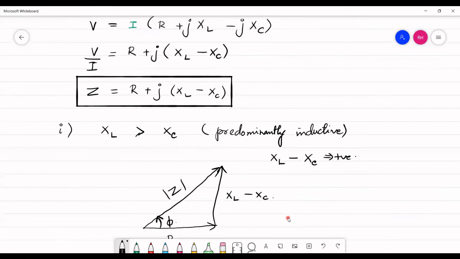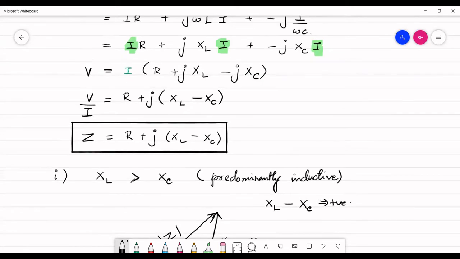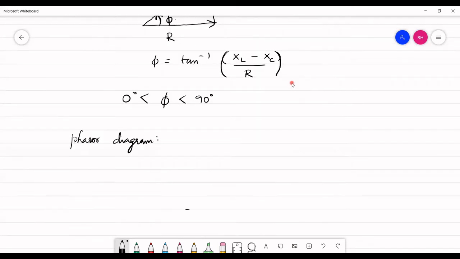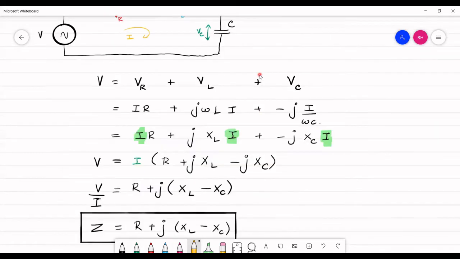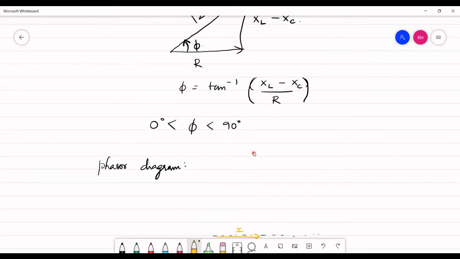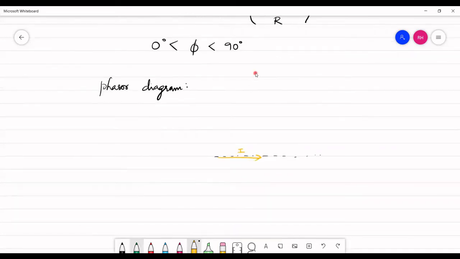And here for this predominantly inductive case, let us trace the phasor diagram also. So in all elements, current is in common. So along the reference, we take current. And when current is multiplied by a factor R, we have VR. VR is represented in red color.